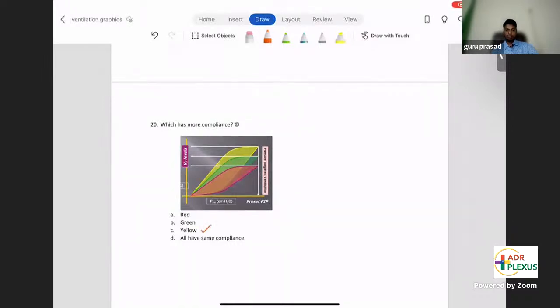Yes, again yellow, because I told you compliance is equal to change in volume by change in pressure. Basically here we have kept the pressure constant, so compliance is directly proportional to volume. The more volume that is generated for a particular pressure, the more compliance the lung is said to have. So out of the three, it is yellow. Okay.